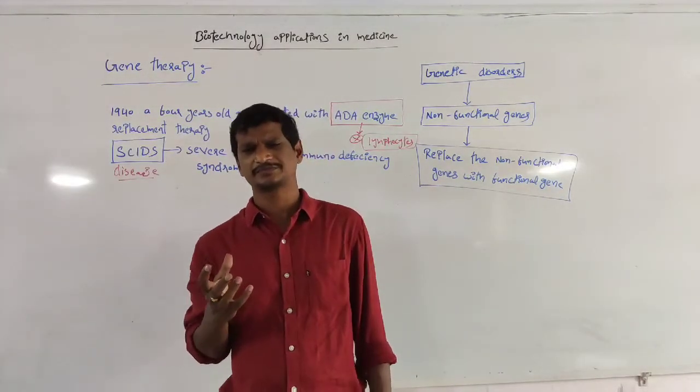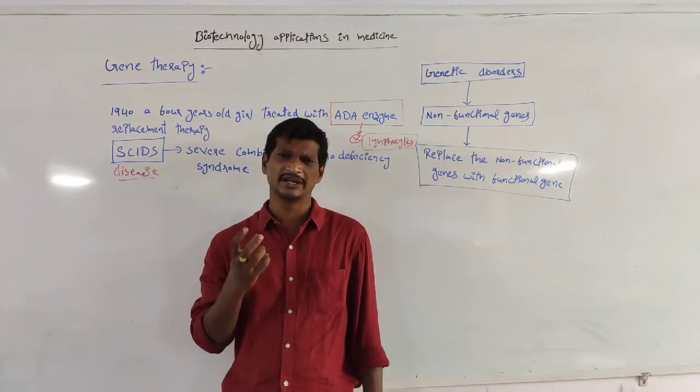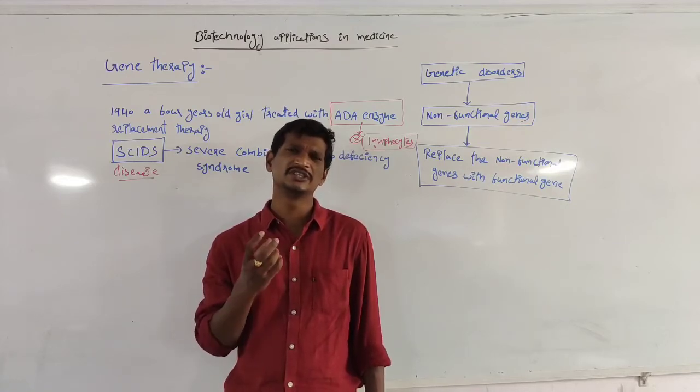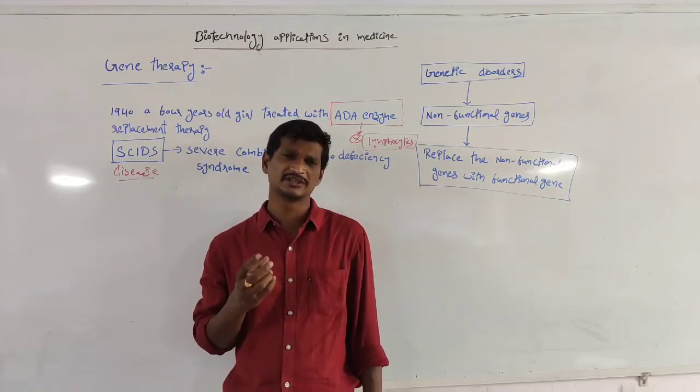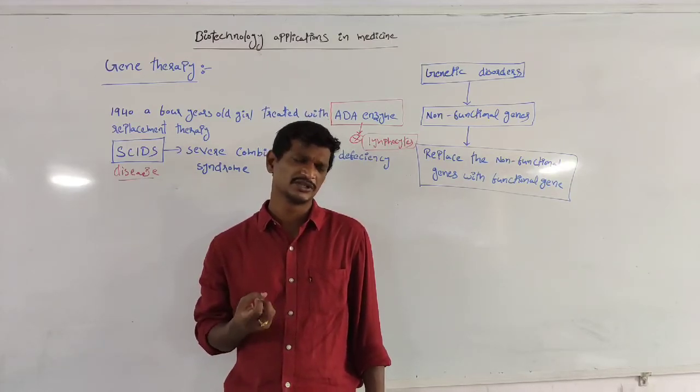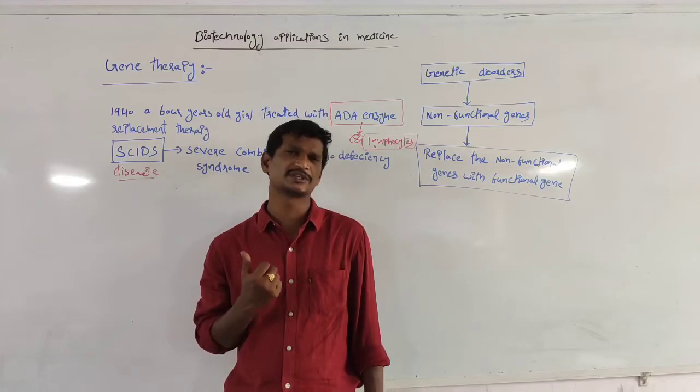In a young girl or young boy, there is a gene defect related to the adenosine deaminase enzyme. If the enzyme is not produced, there is no proper production of lymphocytes.